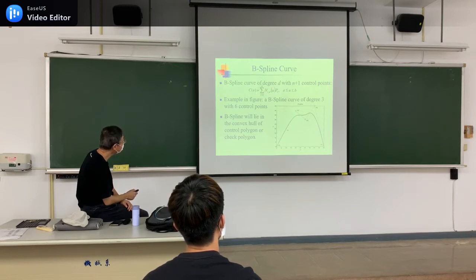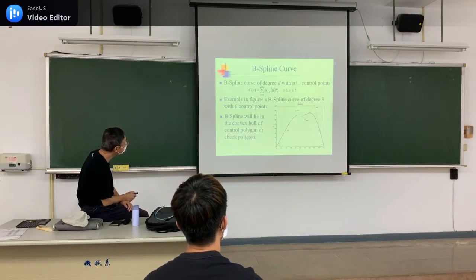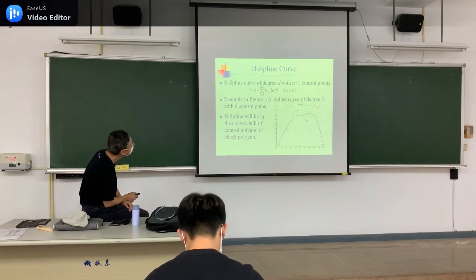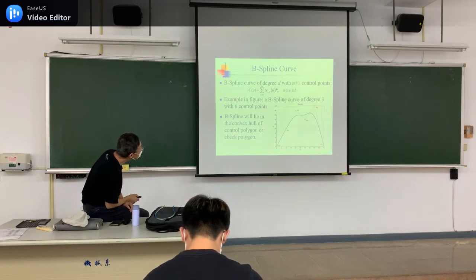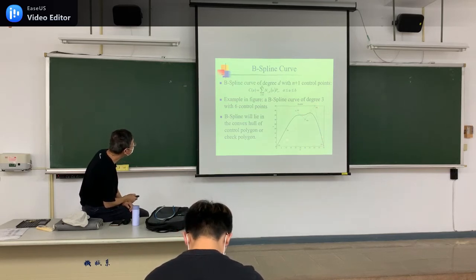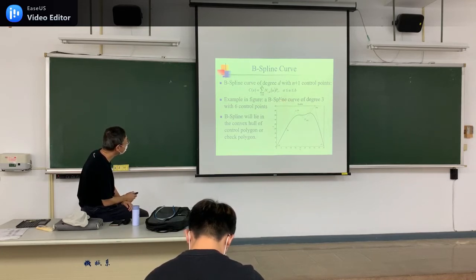This weighting function is a polynomial of degree D. So in the example here, you have P0, P1, P2, P3, P4, P5, so 6 control points. And we have a B-spline curve of degree 3.